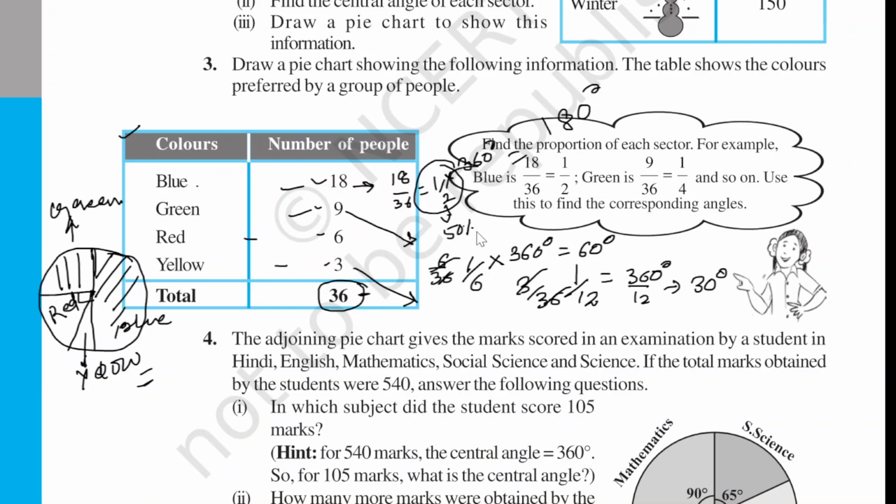For green, sorry, it was 1/4 in terms of proportion, so we get 90 degrees. So we just draw a circle, then draw a radius, then central angle 180 degrees for blue, central angle 90 degrees for green, central angle 60 degrees for red, and central angle 30 degrees for yellow.